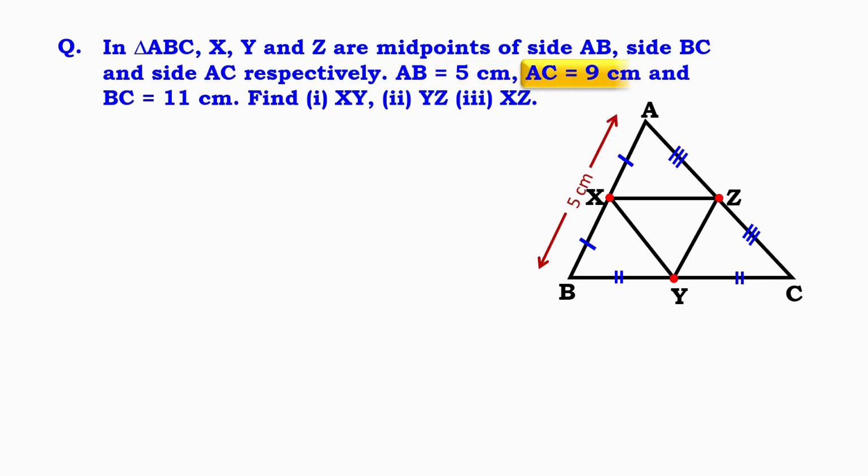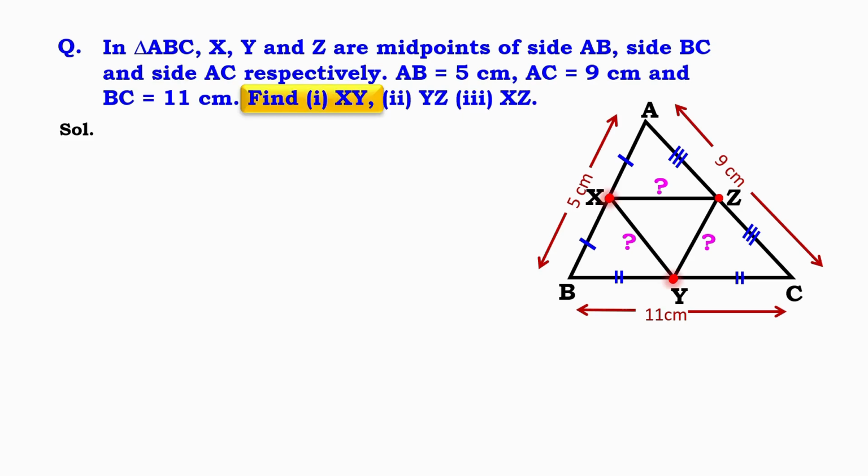Now what is given? AB equal to 5 cm, AC equal to 9 cm and BC equal to 11 cm. Correct. So now what do we need to find? We need to find XY, then YZ and XZ. These three sides we need to find out.